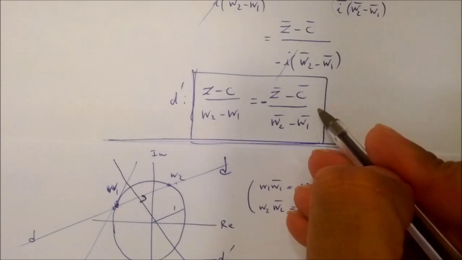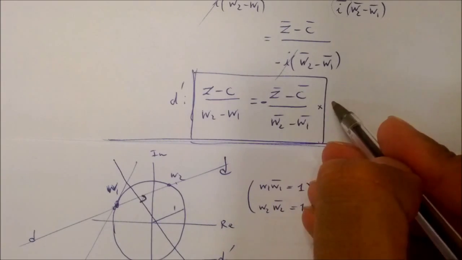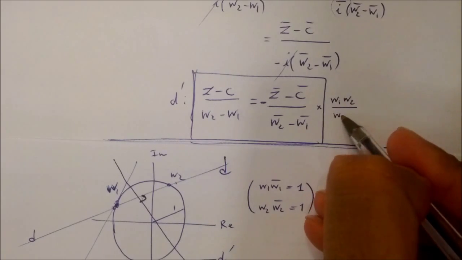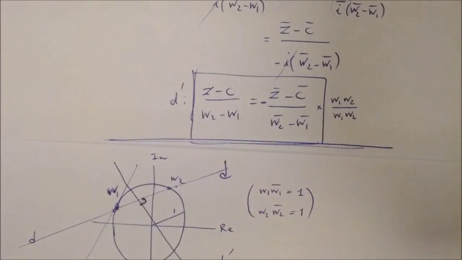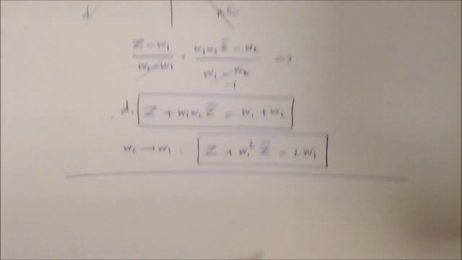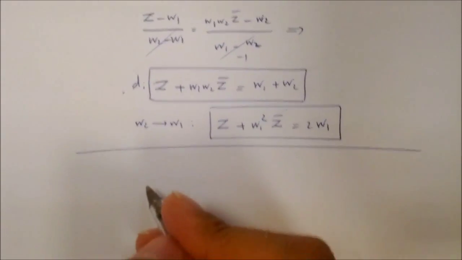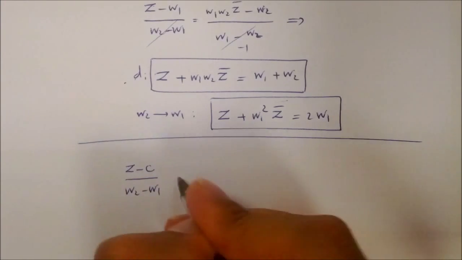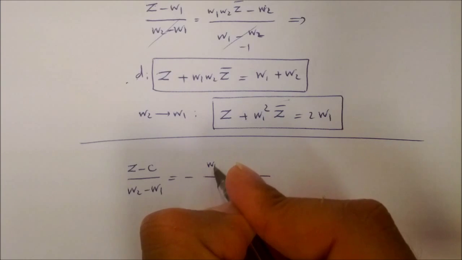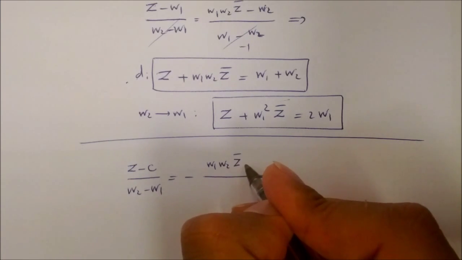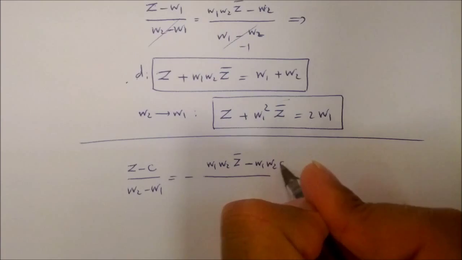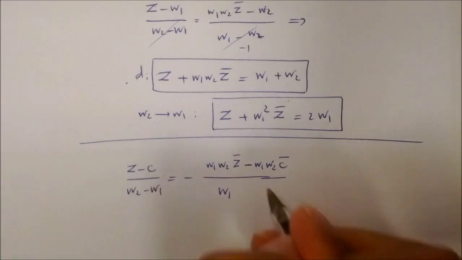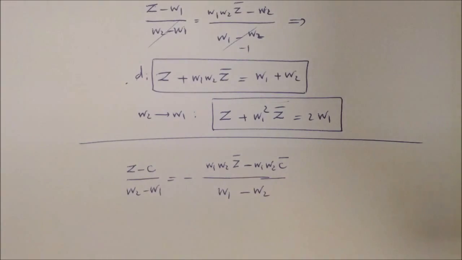So if I multiply the right hand side of this equation by W1 times W2, I'll have Z minus C over W1 minus W2.